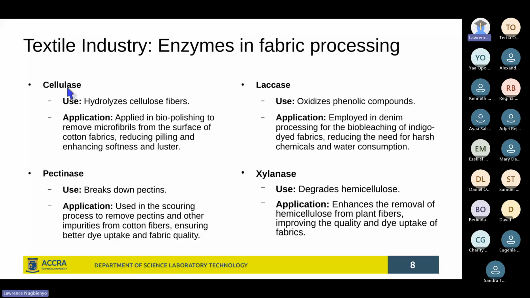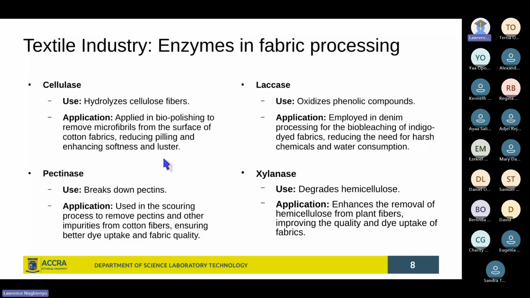In this case, because you're using enzymes, say you are doing some biopolishing, that is to remove what we refer to as microfibrils, some projections out of the fabric which has been produced. So you have cotton surfaces being smoother, softer. They last more. You reduce some peeling of these fabrics. Those in the textile industry understand this more.